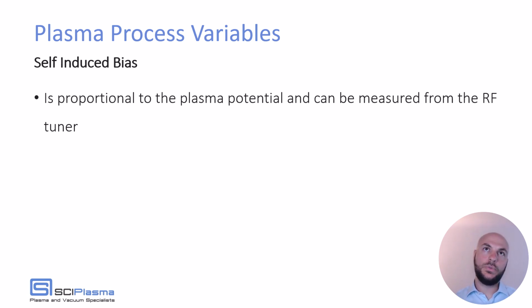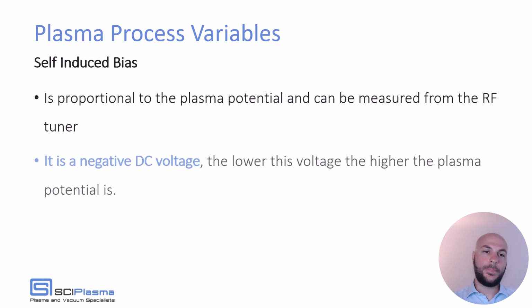So once we define a certain process at the R&D level or at the process development level, when we introduce a new product, for example, we see that we have negative 100 volts. And so we want to be sure that throughout the production phase, we always get this 100 volts.